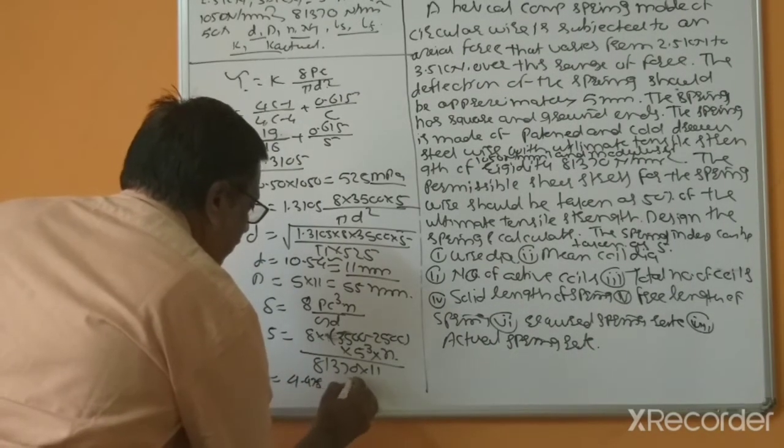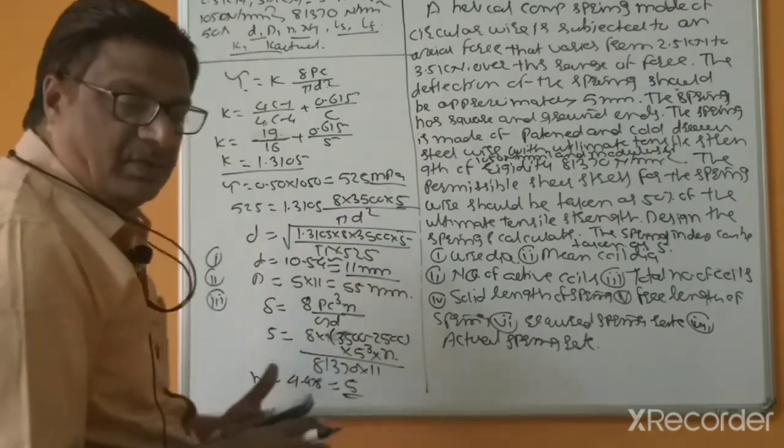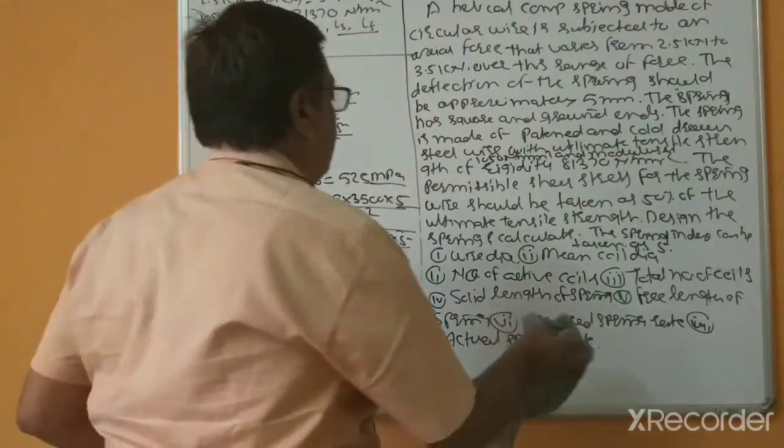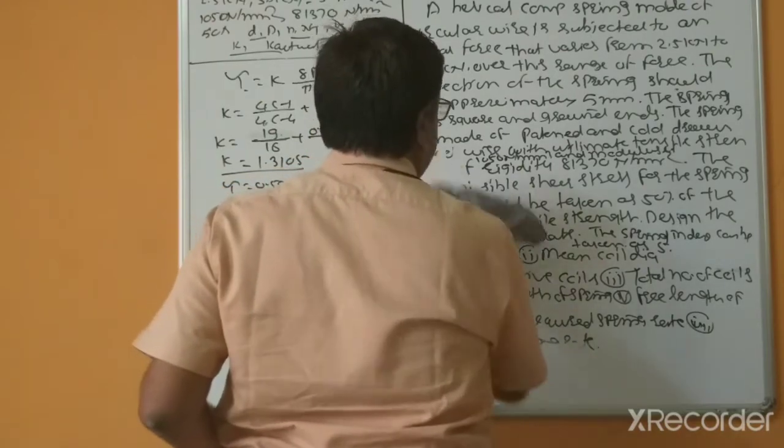So this is approximately equal to 5. Number of active turns equal to 5. So this is your third bit.